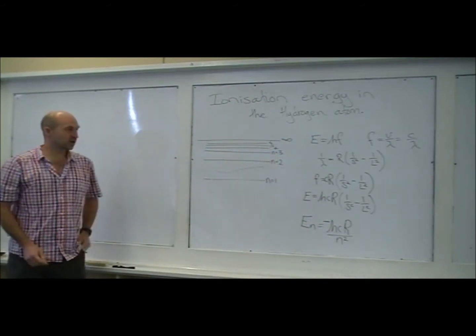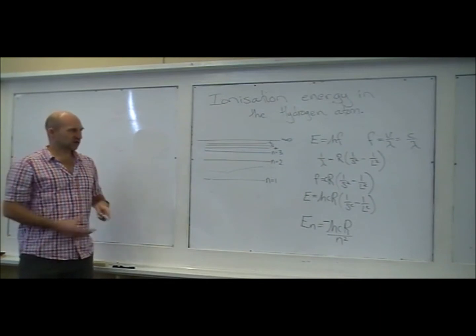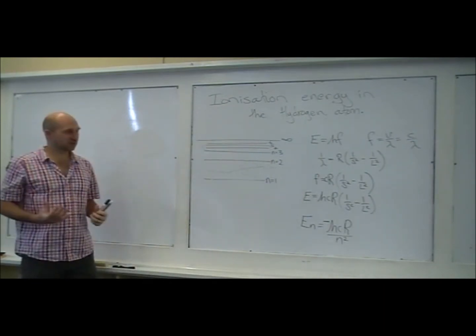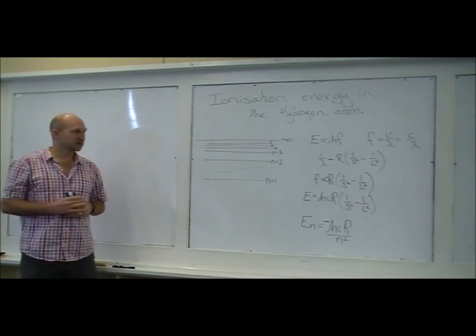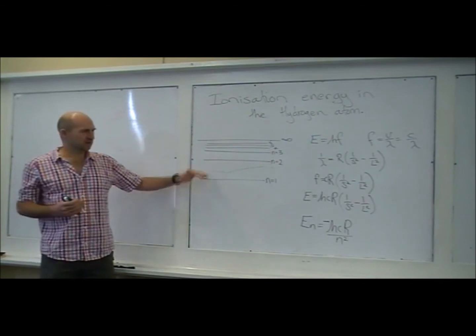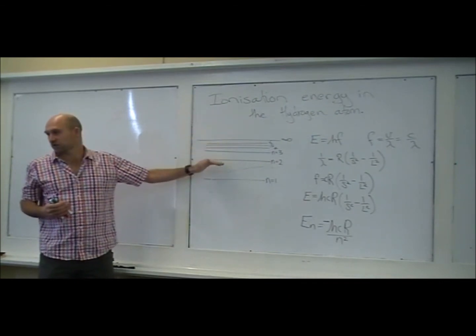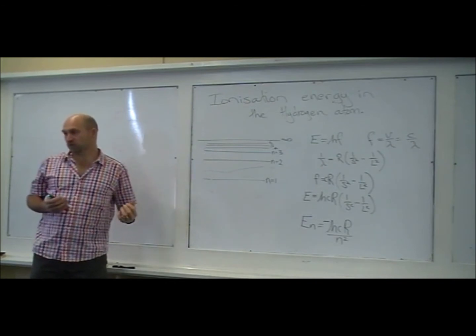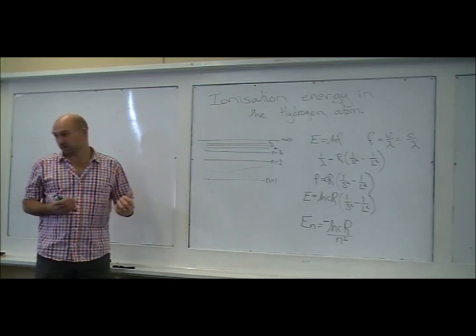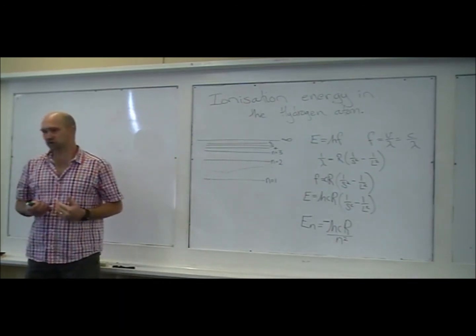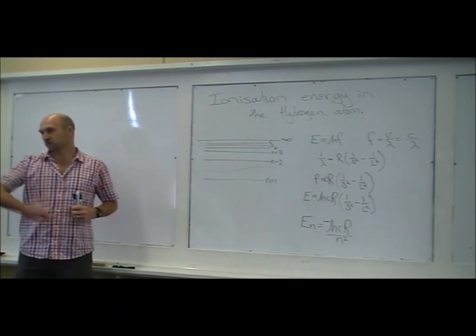The reason for the minus sign is that when the electron is ionised, that's when it's completely free from the influence of the nucleus, of the atom. That means that as it goes down to a lower energy level, it's getting more and more tightly bound to the atom. So it's minus because that's the work we have to do on the electron to free it.